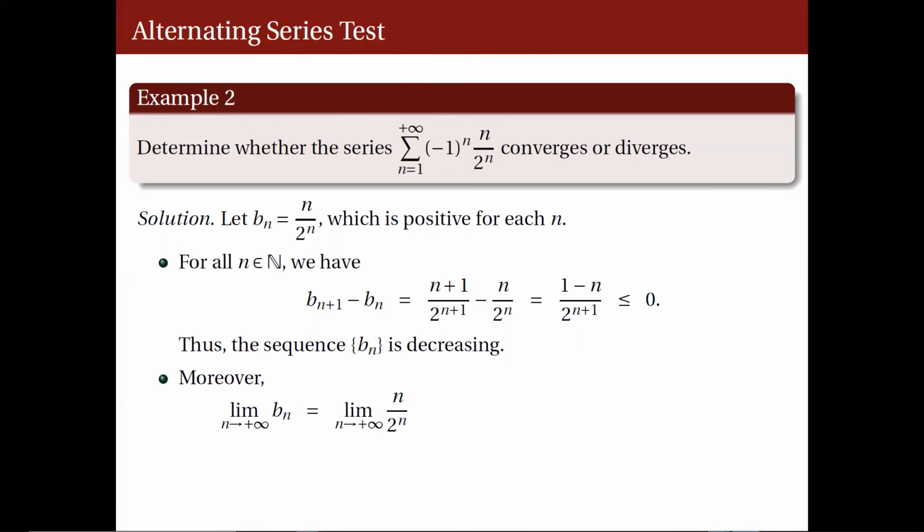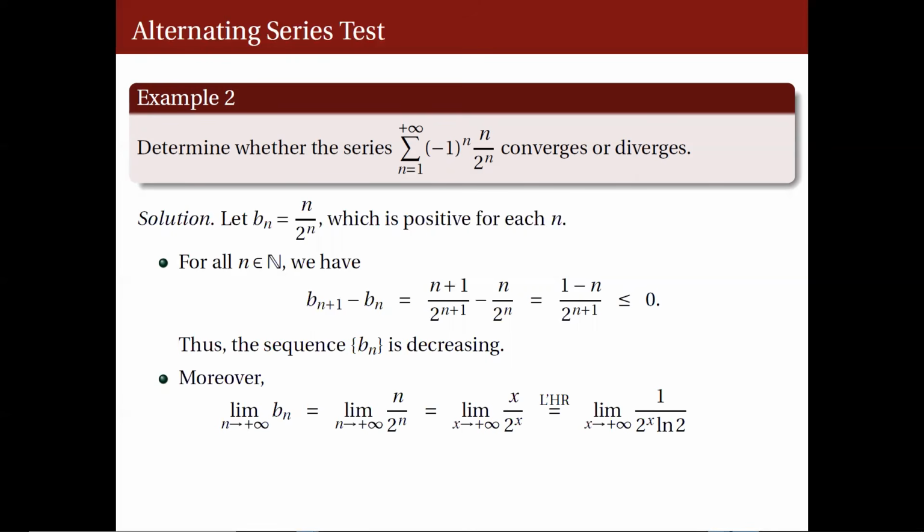Moreover, kunin natin ang limit ni b sub n as n goes to infinity. Dahil infinity over infinity ang form nito, isulat natin muna as the limit of a real number x going to infinity of x over 2 to the x. Para magamitan natin ito ng L'Hopital's rule.